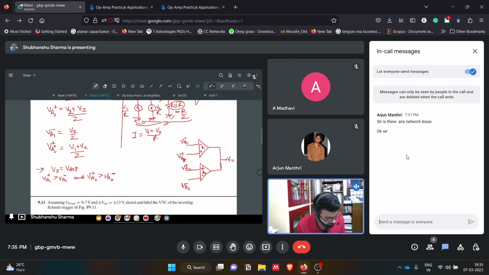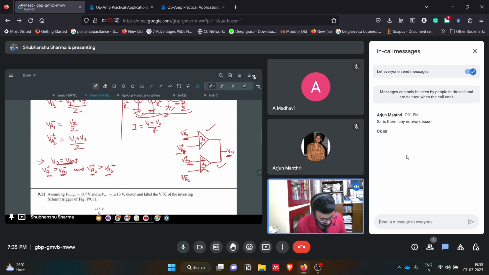So we will have V naught as positive saturation when VA1 plus is higher than VA1 minus. This is clear. And for this comparator, it will be when VA2 plus, the non-inverting terminal, is higher than VA2 minus. This is also clear.